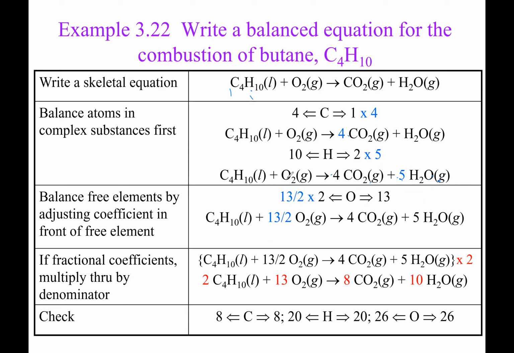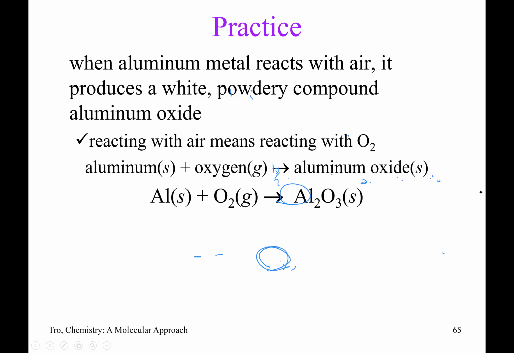For the 13 oxygens, since you have O2, you use 13 over 2, but this is not common. You should not have a fraction as the coefficient. You cannot have a fraction as the subscript at all. So in order to get rid of this fraction, you multiply all coefficients by 2 to change it to whole numbers. That was the point of this slide, but I also used that balanced equation to give you another problem based on the stoichiometry of the reaction.